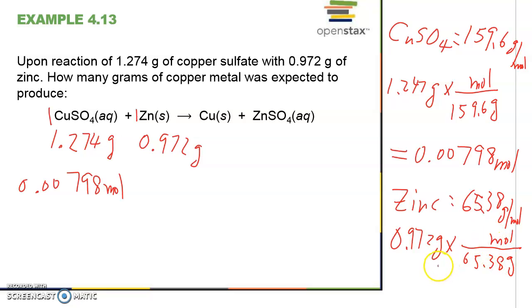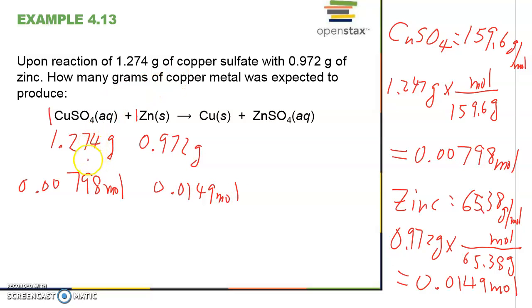What I get is 0.0148149, so that is about 0.0149 mole. I'm going to write it down here: 0.0149 mole, for the zinc.